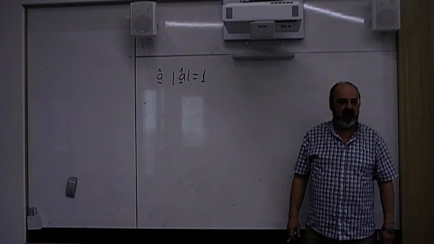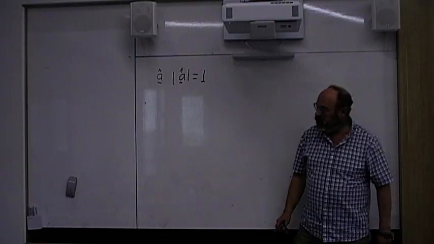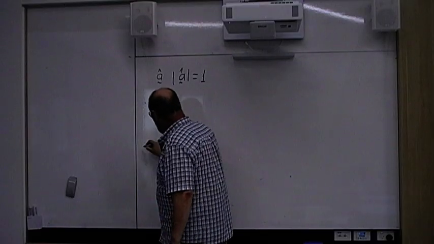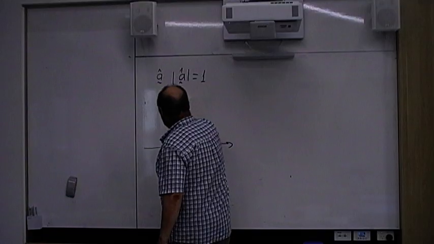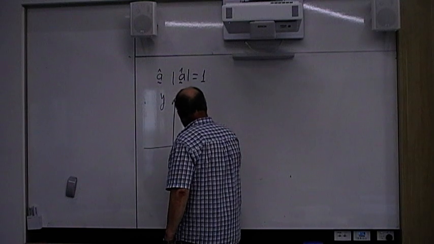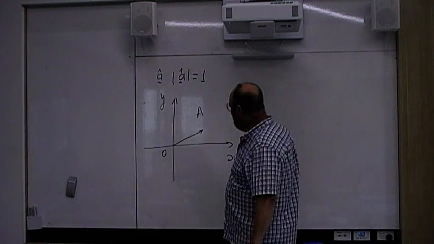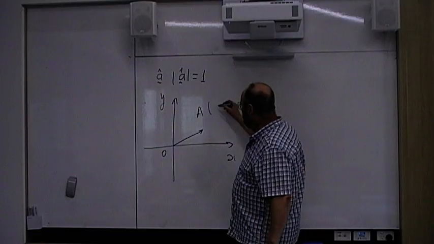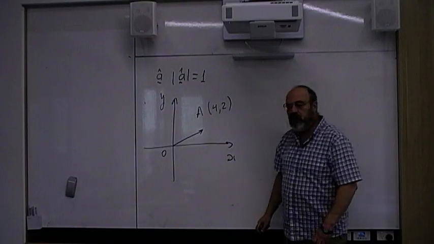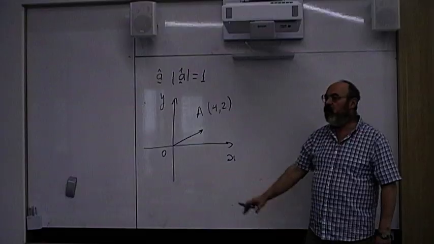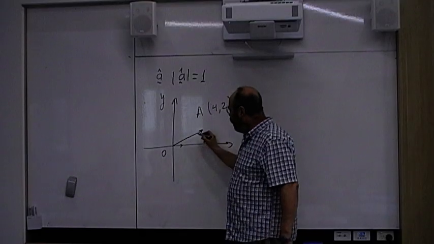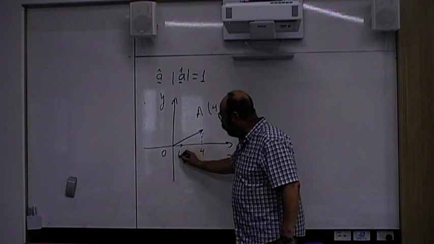If we are dealing at this stage with 2 dimensions, we have x and y coordinates, and we have vector OA, with point A having coordinates, let's say, 4, 2. We can introduce unit vectors. The unit vector along the x direction we call i.